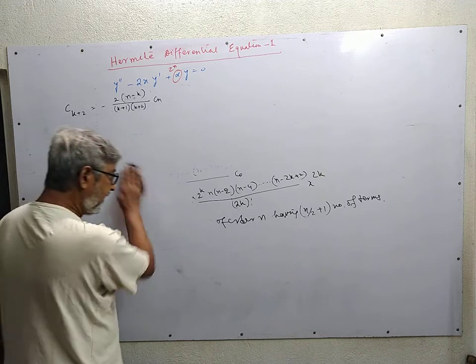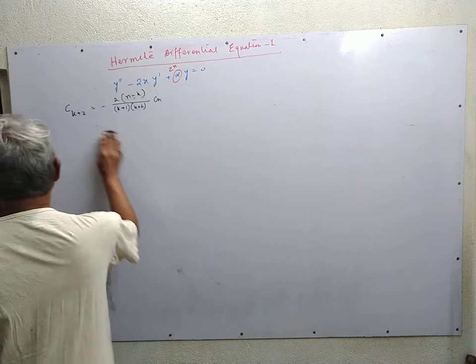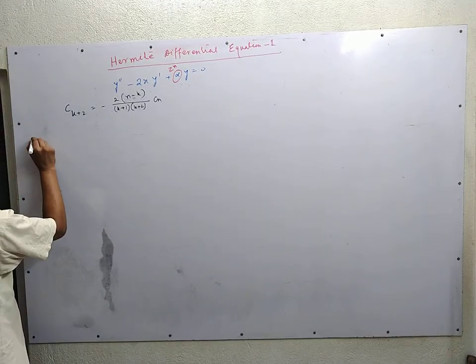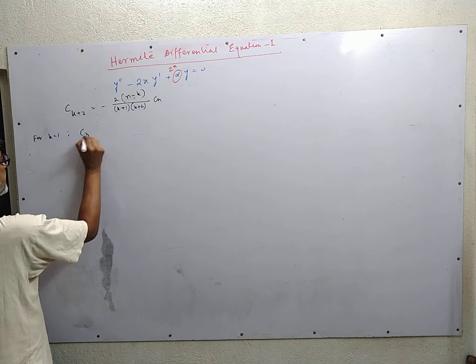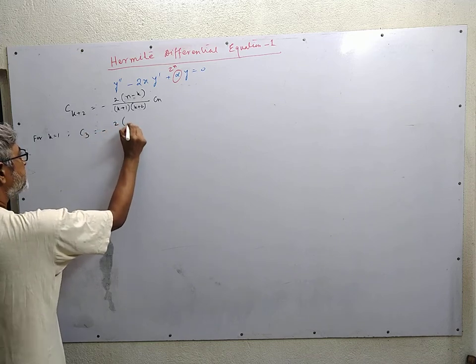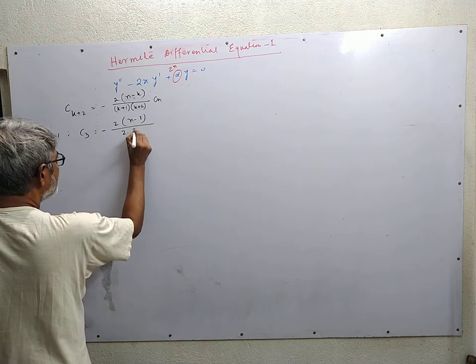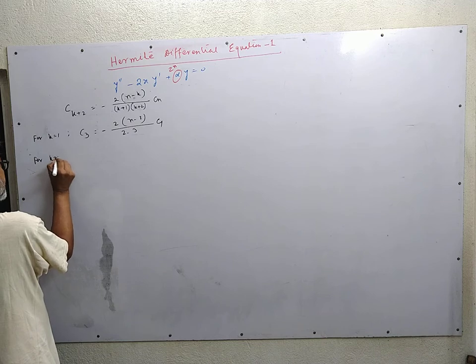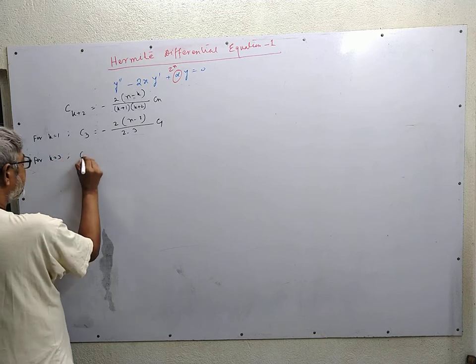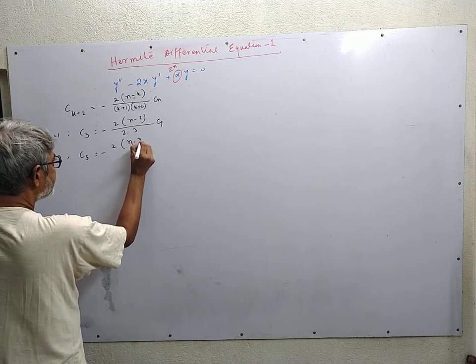For k is equal to 1, we get C3 is equal to minus 2 and minus 1. This is 2 into 3, C1. For k is equal to 3, we get C5, minus 2 and minus 3.